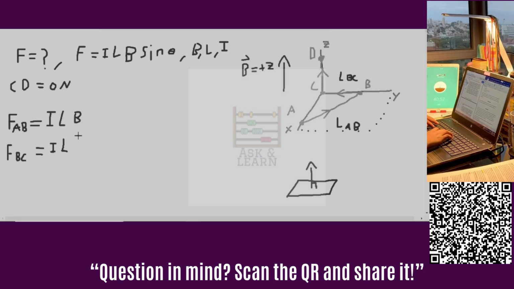The only thing that'll change in this case is the L, the length of the wire. And there you have it. That would be how you calculate your two forces here. Only thing that changes is the L, the length of the wire.